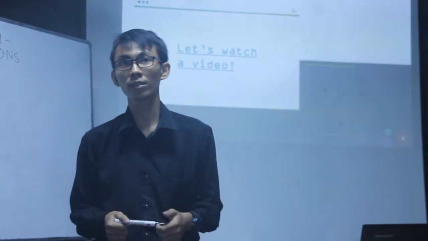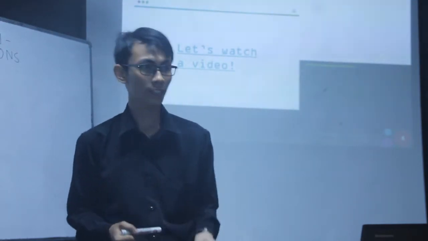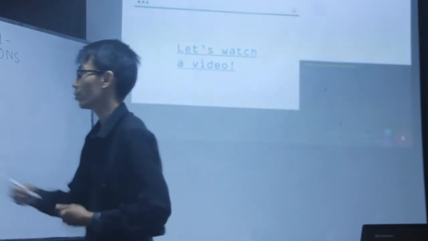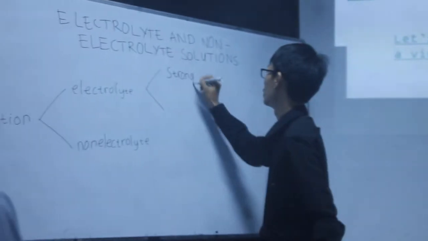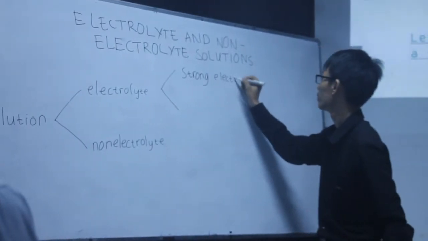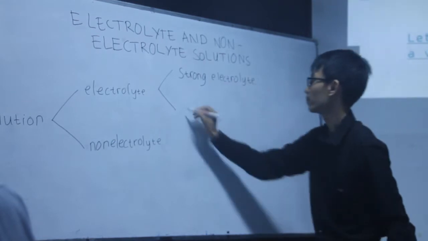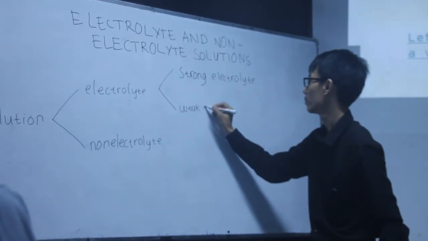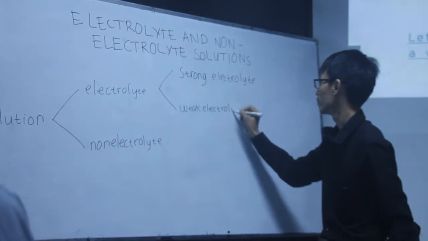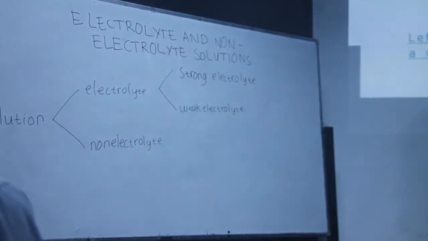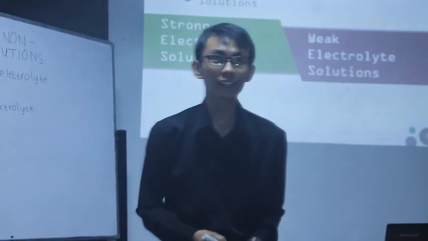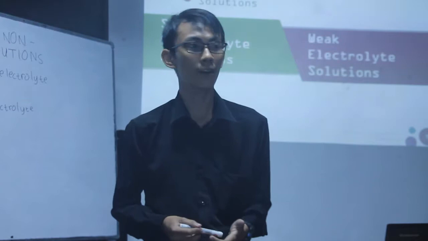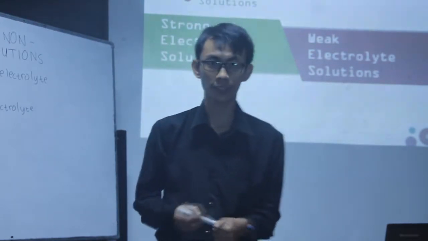Electrolyte solution can further be divided into two types: strong electrolyte and weak electrolyte solutions. Let us observe and try to take a note of some of the characteristics of the two types of solution.